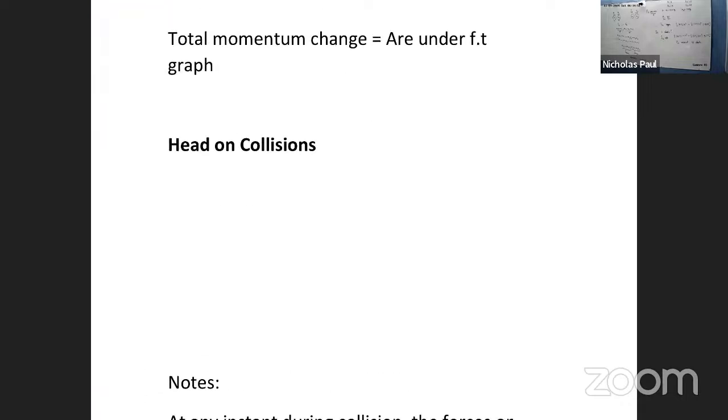And one last thing, if I give you a force versus time graph, what does the area represent?